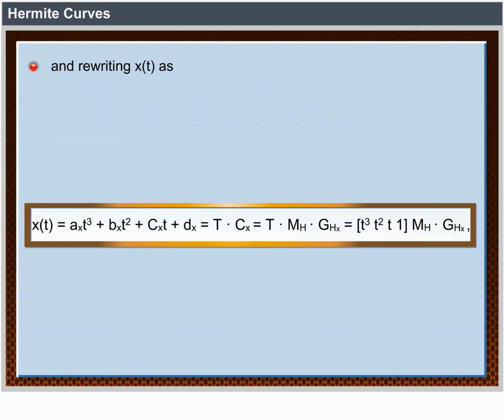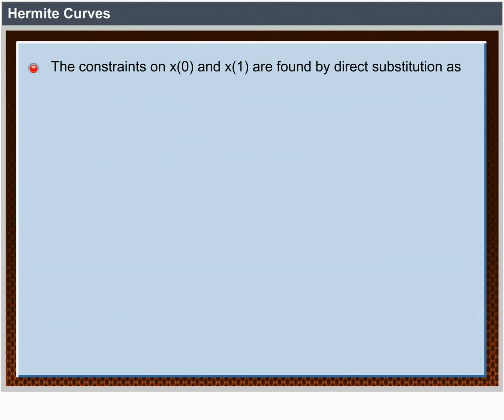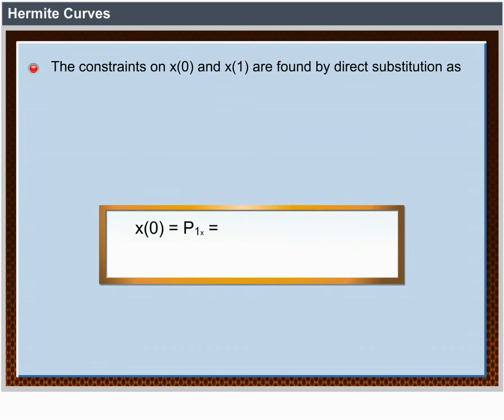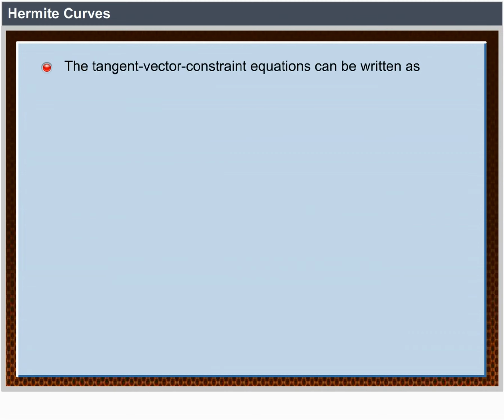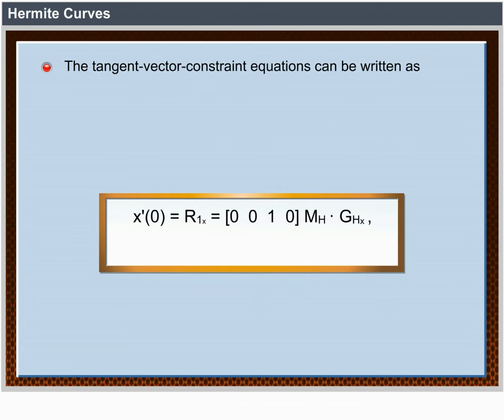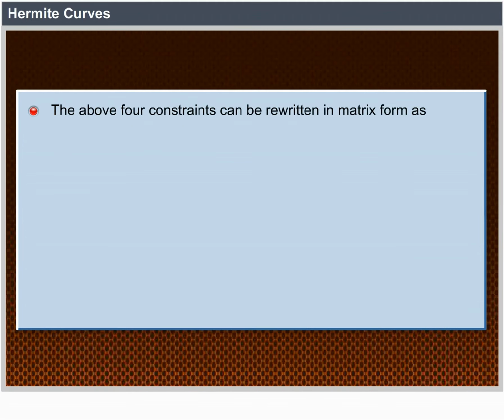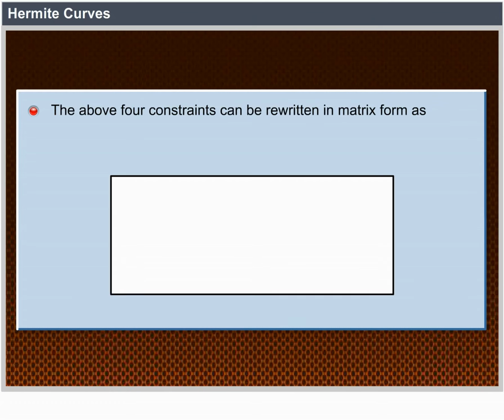The constraints on x0 and x1 are found by direct substitution as shown. The tangent vector constraint equations can be written as shown. The above 4 constraints can be rewritten in matrix form as shown.